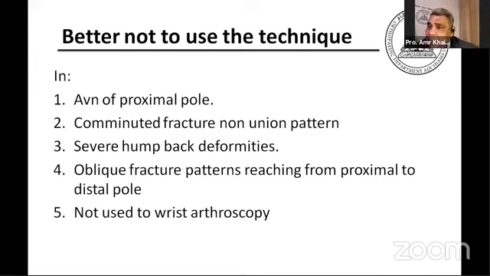Do you have a reply, Hamdi, to Amr's comment? Yes, Dr. Amr. Proximal pole non-union fractures are among the fractures where we are not sure about the vascularity. So if I am doing an arthroscopic technique and find that the proximal pole is not viable, there is severe sclerosis and there is no punctate bleeding, it's not wise to complete our technique.